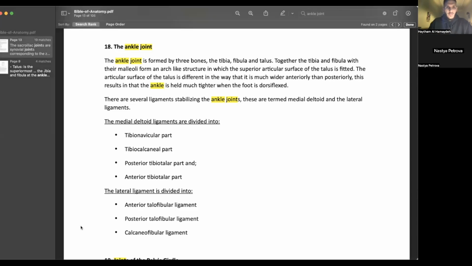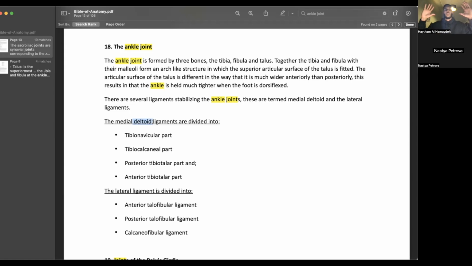And then the ligaments, please, medially. What's the big name for the ligaments medially? Medial, I think tibiocalcaneal parts. No, medially you have a big ligament called the deltoid ligament.